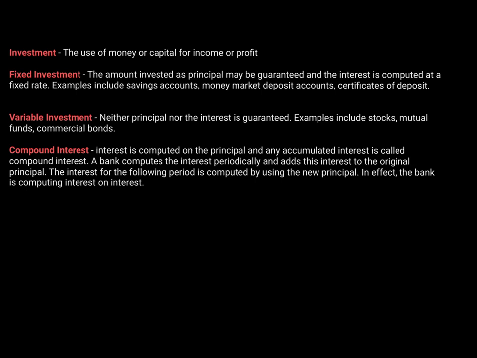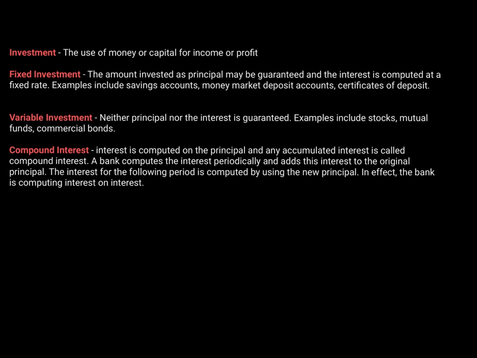Now what's really important to note is that in earlier lessons, we were talking about simple interest. Simple interest is calculated once for the period of a loan or investment, using the formula: interest is equal to the principal times the rate times the time, PRT.